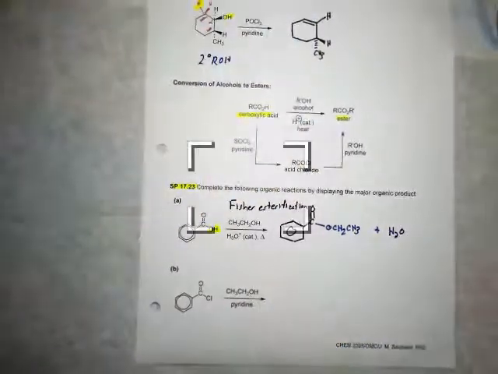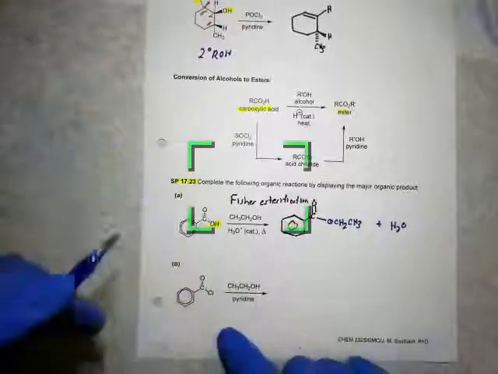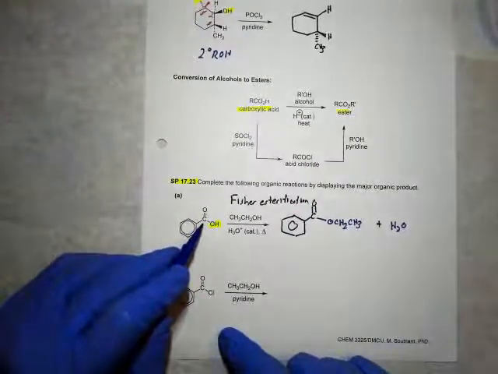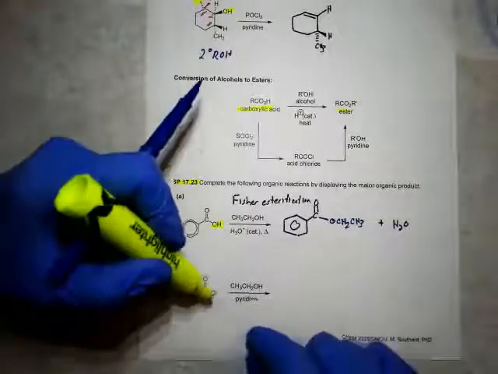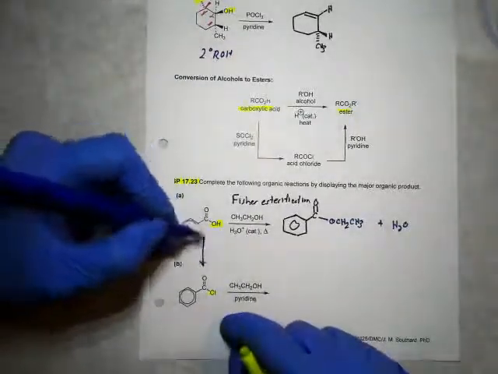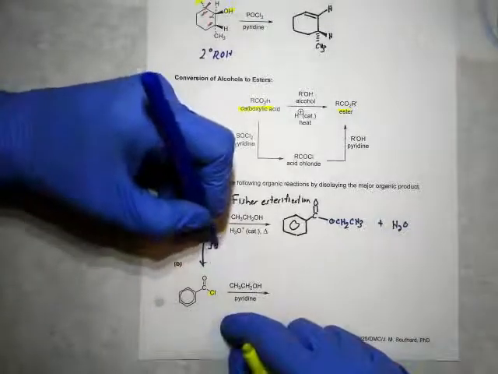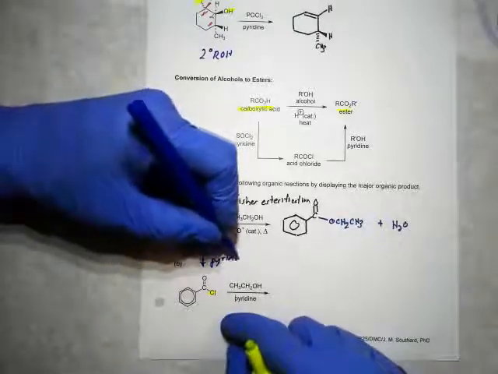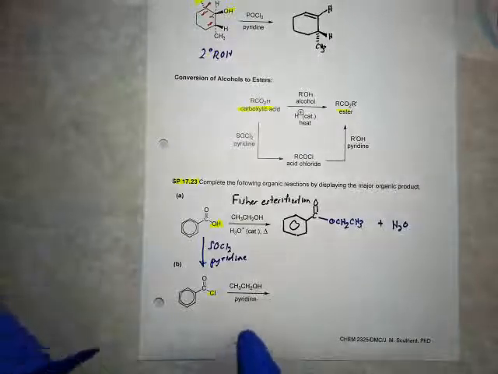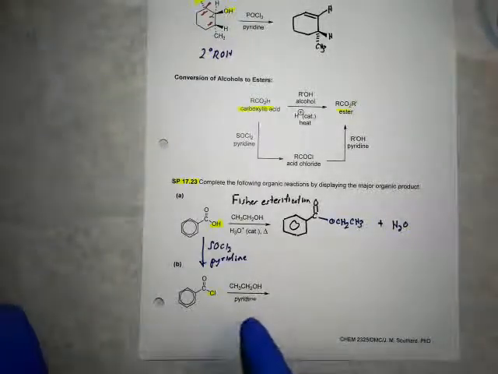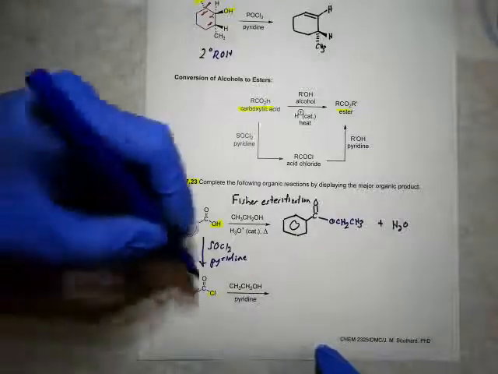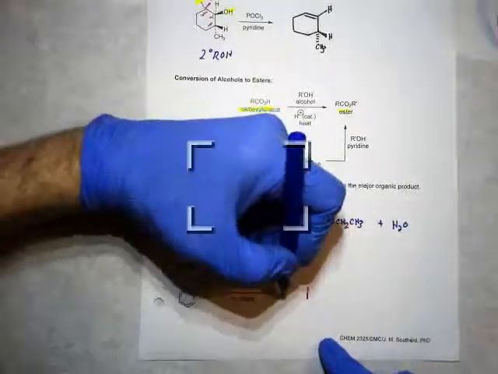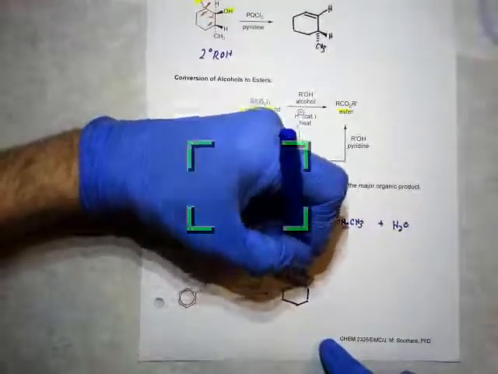Now on the bottom, this is different. Notice here we have a carboxylic acid, but on the bottom we have an acid chloride. You could convert that to this by using thionyl chloride in the presence of pyridine. Then you conduct essentially the same reaction. You add alcohol, in this case ethanol, to the acid chloride, and look what you get. You get the same results that you had above.